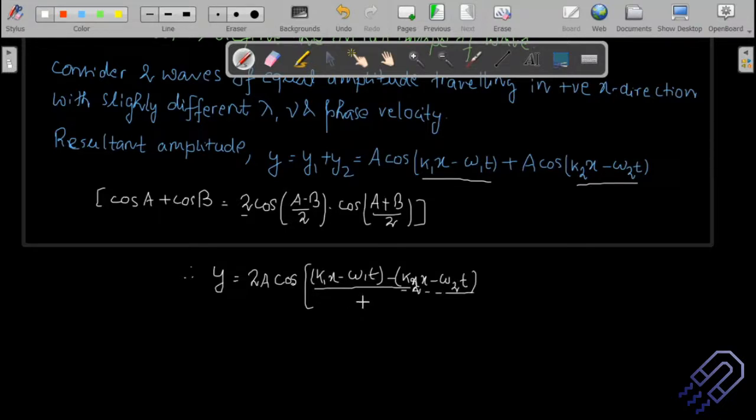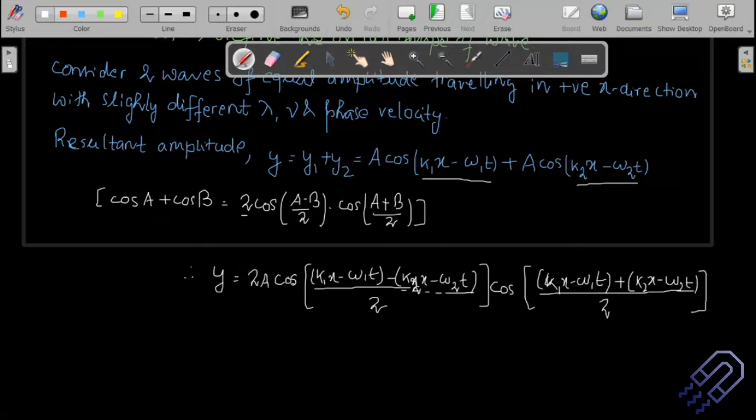This is divided by 2. That's the first part, into cos of (A plus B) divided by 2. So it is k1x minus omega 1t plus k2x minus omega 2t. Cos is an even function, so I hope all of you know cos of minus x is equal to cos of x.